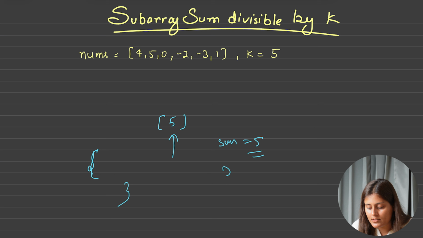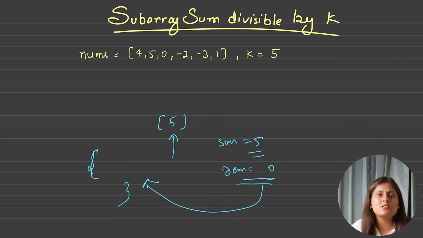We found the remainder is equal to 0. Do we have anything for 0 here? No, we don't. So in this case you will end up saying we have not found any such subarray. So I am saying, whenever the question says or you think we have to use prefix sum plus hash map, think about the initialization. Here we will initialize our 0 with 1, saying if you have nothing, like if you found 5, then 5 modulo 5 is 0.